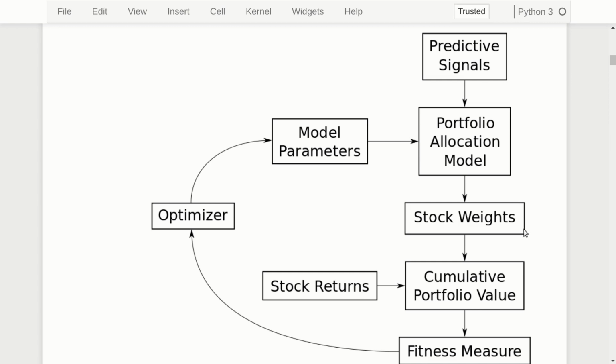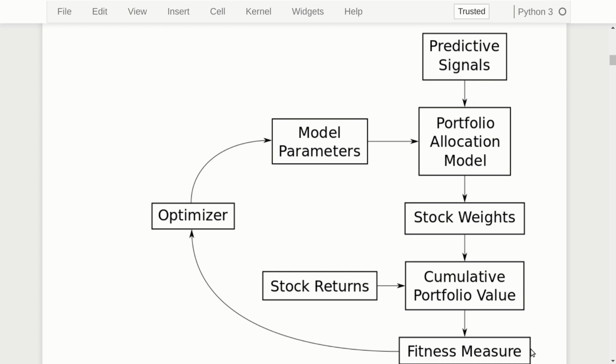This produces stock weights that we can combine with the stock returns for the training set into the cumulative portfolio value. So if we do this weighted rebalancing of the portfolio, for example, every day, then what is the portfolio value after 1 day, 2 days, 3 days, and so on and so forth, up to the entire length of the training set. So this might be 10 or 15 years or so worth of data.